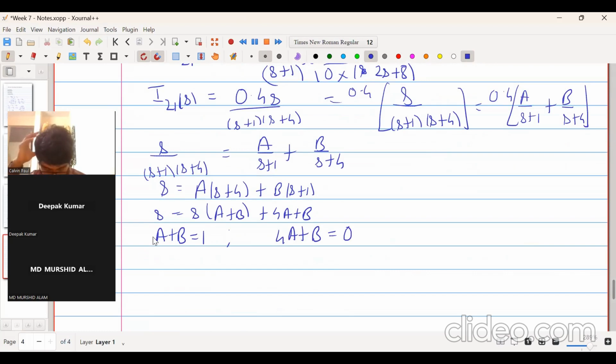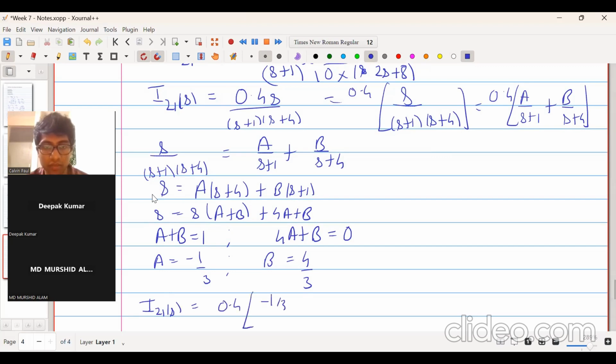Now if we solve it, we will get A equal to minus 1 by 3, B equal to 4 by 3. So we substitute over here. We get I21 of S is equal to 0.4 into minus 1 by 3 into S plus 1 plus 4 by 3 into S plus 4.